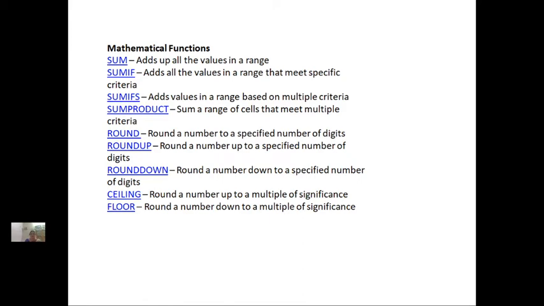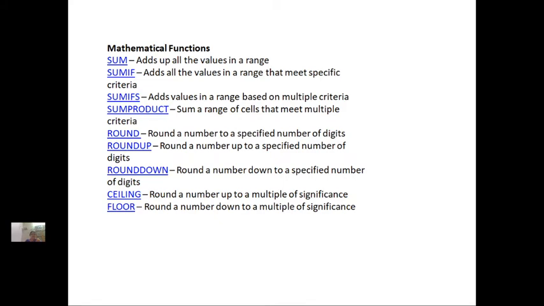Next, sumifs adds values in a range based on multiple criteria. Next, sumproduct sums a range of cells that meet multiple criteria. Round rounds a number to a specified number of digits.